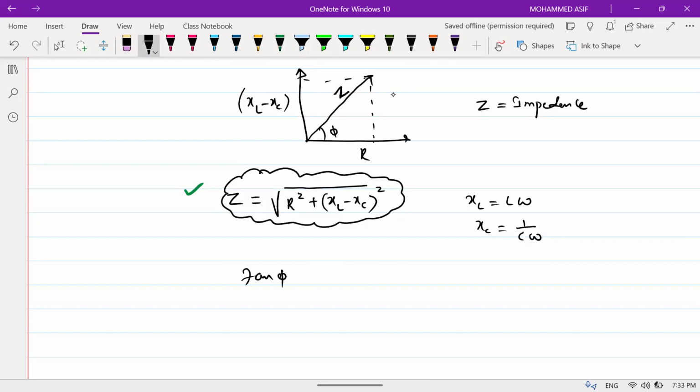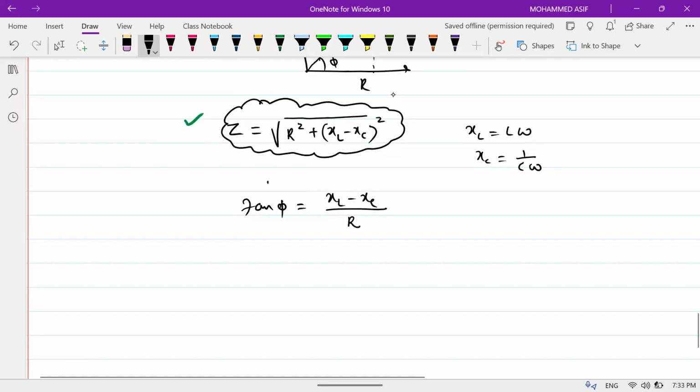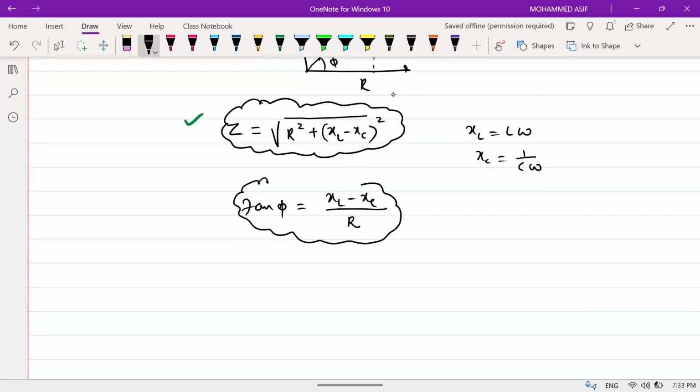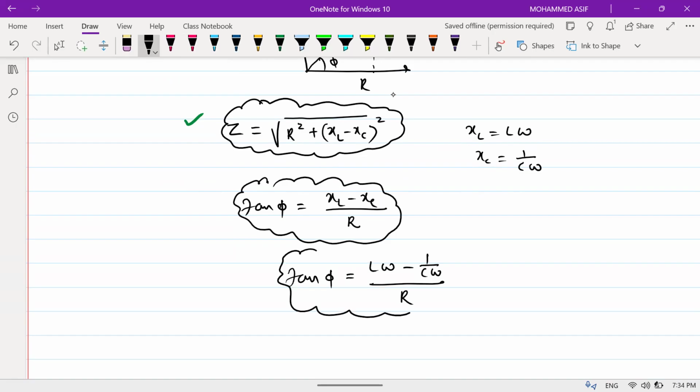Tan phi from the figure is XL minus XC, the y-axis, divided by the x-axis, that is R. Or else I can write it in terms of omega: tan phi is equal to L omega minus 1 by C omega, divided by R. If omega is given, I can calculate tan phi like this.